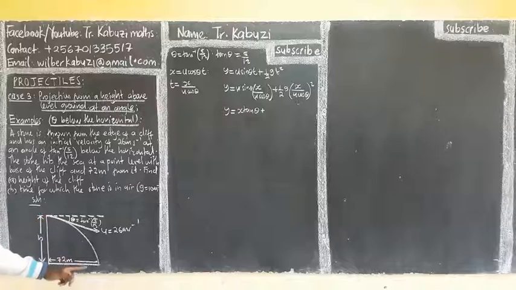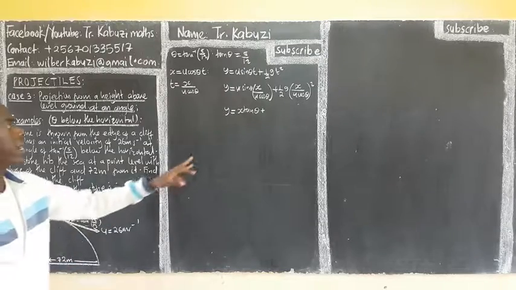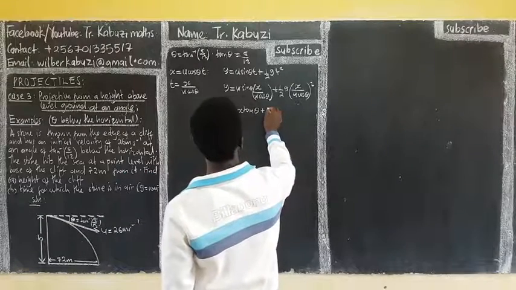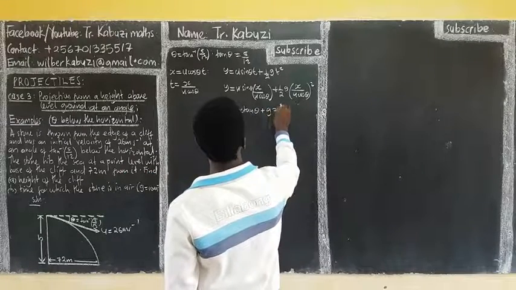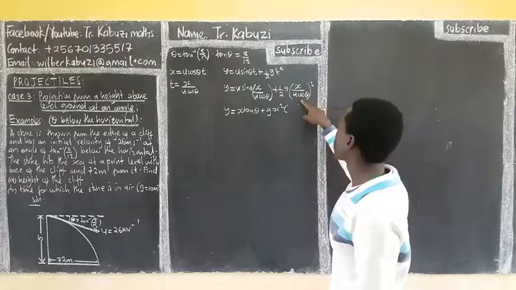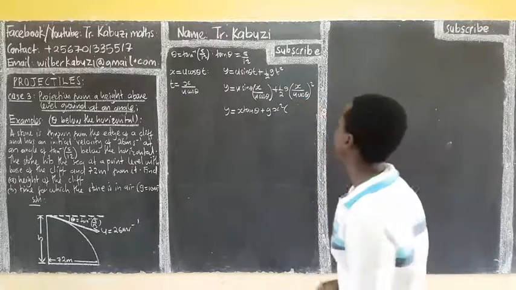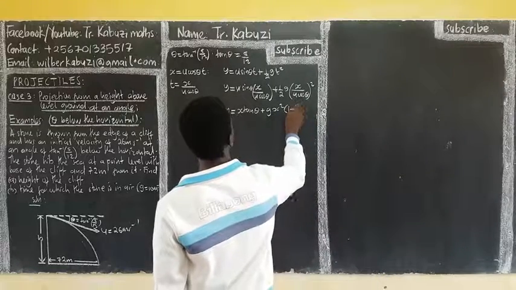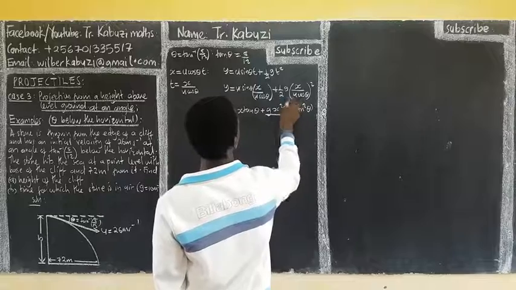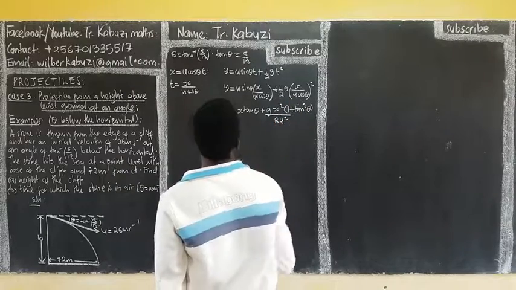But this one just falls from the initial point, that's why we take our g to be positive. So this will be g x squared into 1 over cos squared, which is sec squared, and sec squared is the same as 1 plus tan squared theta, the whole over 2u squared.